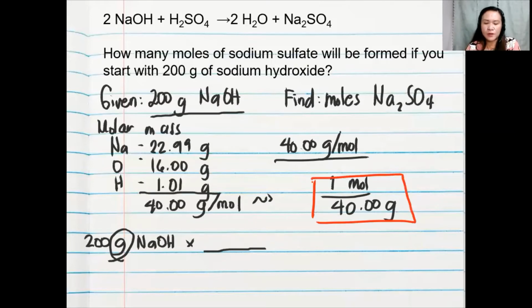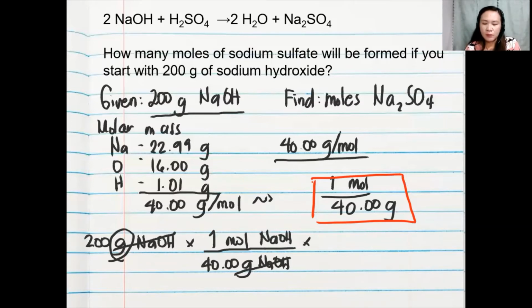It's because what is above, or what is the given, is grams. So of course, we need to put grams below so that it will cancel. So that will be 40.00 grams of NaOH. And above, we put 1 mole of NaOH. And so this one, we cancel grams, we also cancel grams.